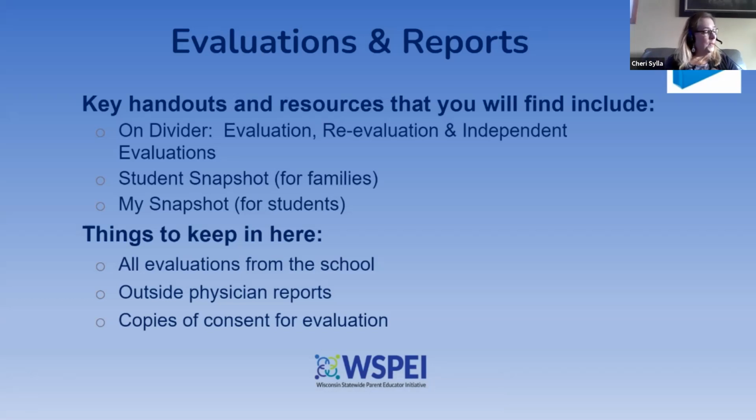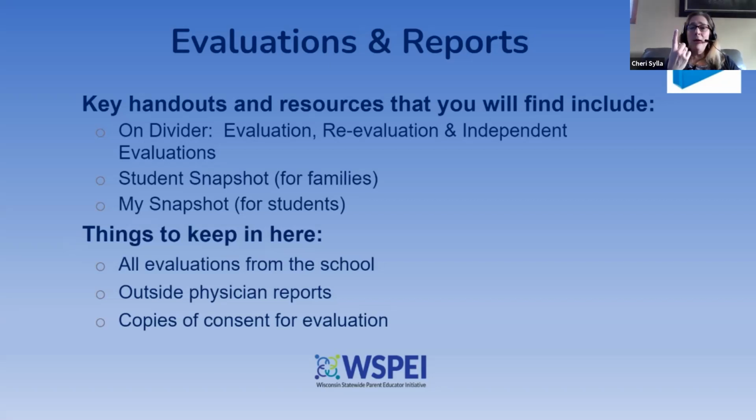So parents have the ability to request an independent educational evaluation at public expense. So they make that request of the school district. The school district typically has a list of outside evaluators that are not district personnel. So district personnel do not do these independent educational evaluations. They're actually done by people outside the district in regard to a particular area that the parent disagrees with.